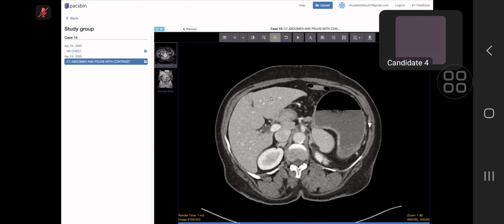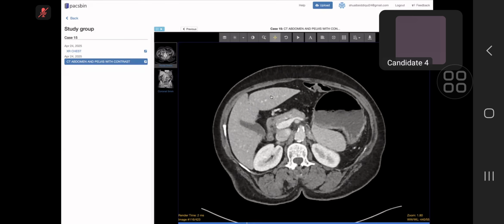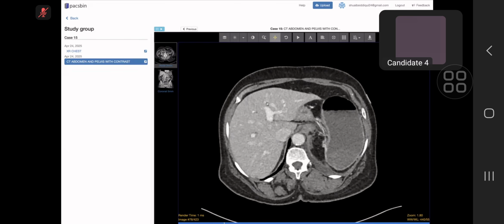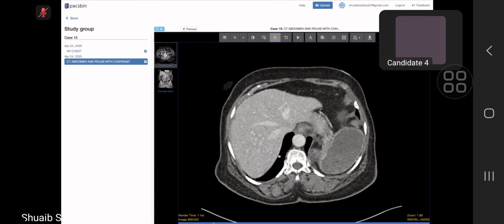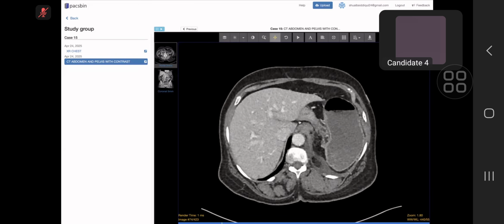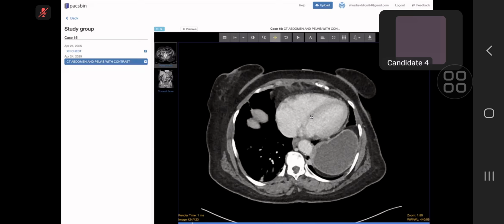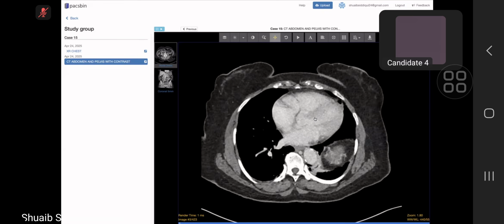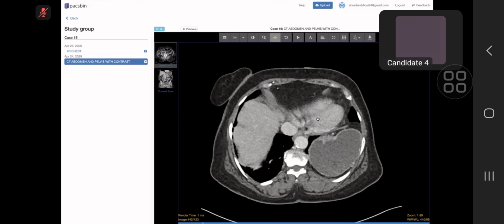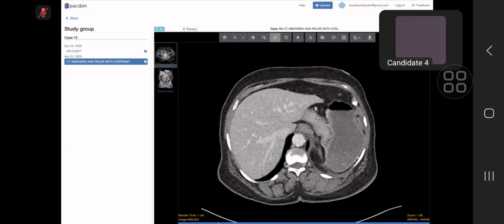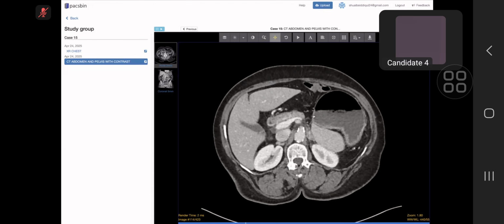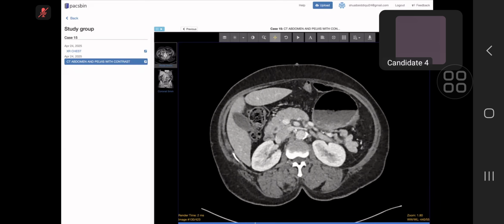I can see that the liver is normal in texture and the gallbladder is normal. I'm looking at the stomach because I feel that there is herniation of the stomach into the left thoracic region. I would like to see the coronal image.